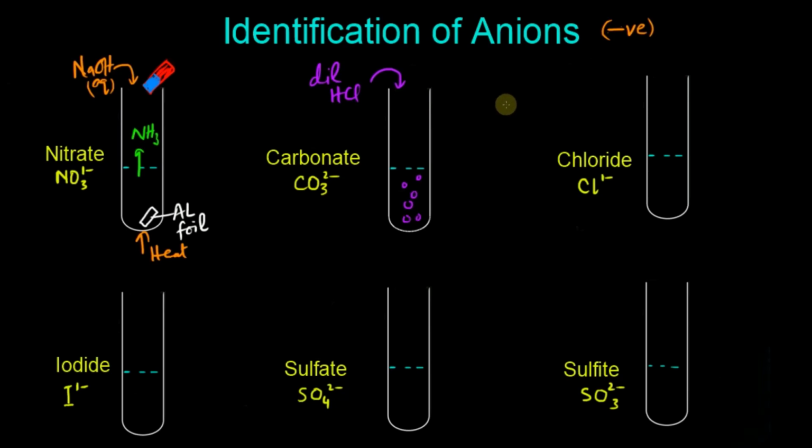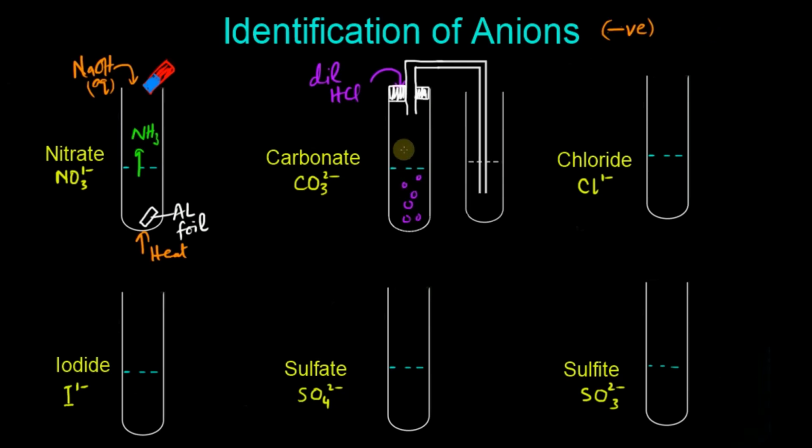Let's see how it is done. So this is how we pass the gas through lime water. You see carbon dioxide gas is releasing from this reaction mixture, and this gas is bubbled through the lime water over here. Lime water is actually calcium hydroxide aqueous, and when we pass carbon dioxide gas through it, it will become milky.